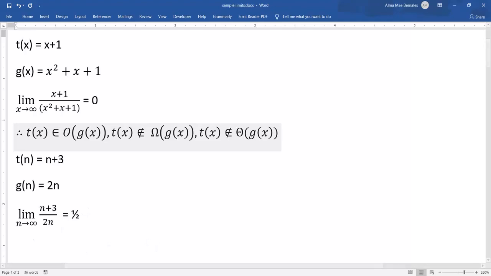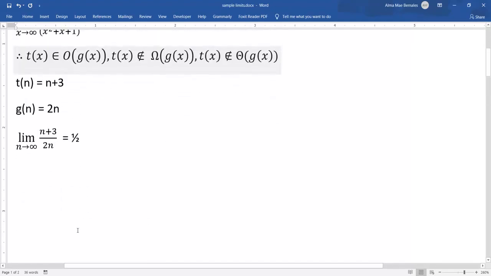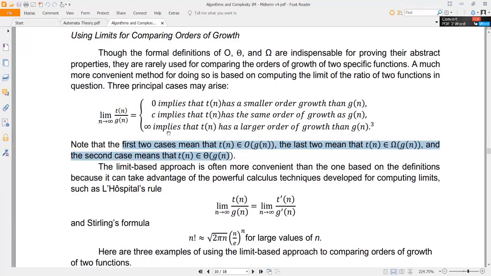So since our limit as n approaches infinity is a constant, we will use this. So this implies that T of N has the same order of growth as G of N. That means T of N is an element of big omega of G of N and big theta of G of N. Okay, the second case.